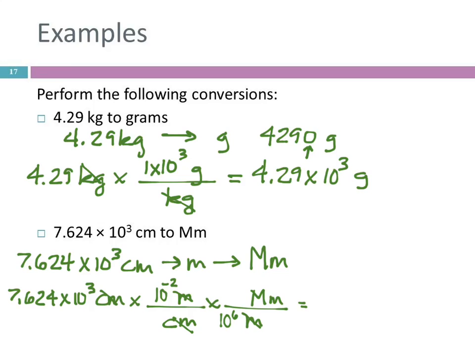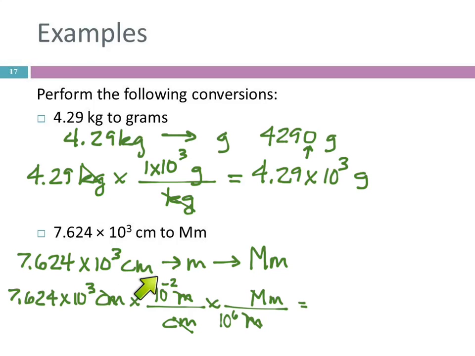So you can do this on your calculator. 7.624 EE3 times 1 EE minus 2 divided by 1 EE6 equals. Or you can look at the exponents. Here we have an exponent of 3. When you multiply, you add exponents.